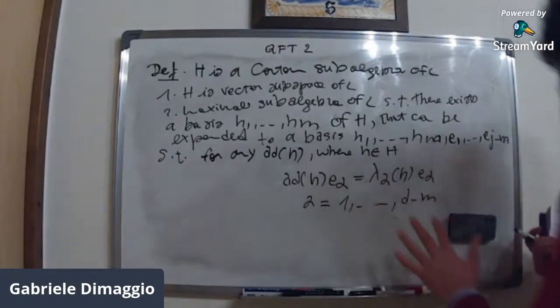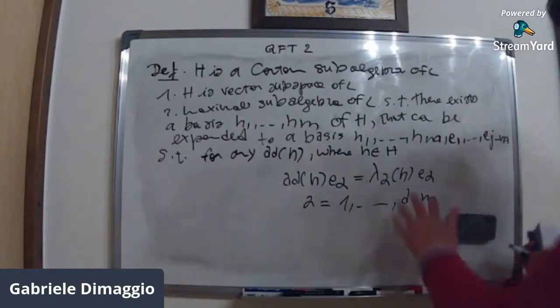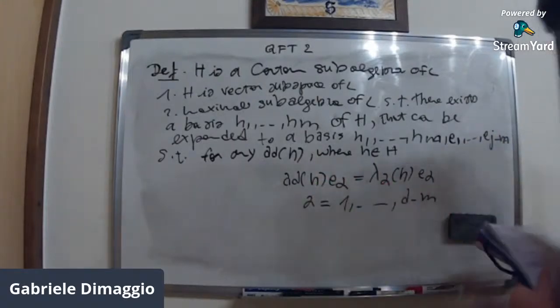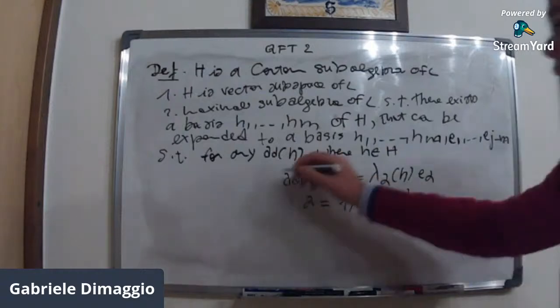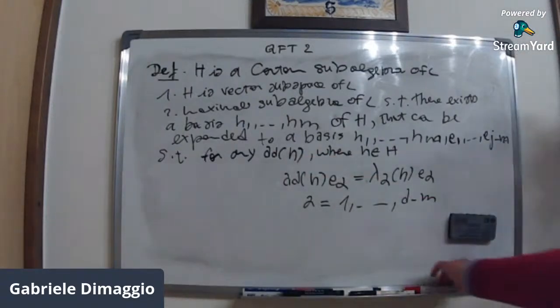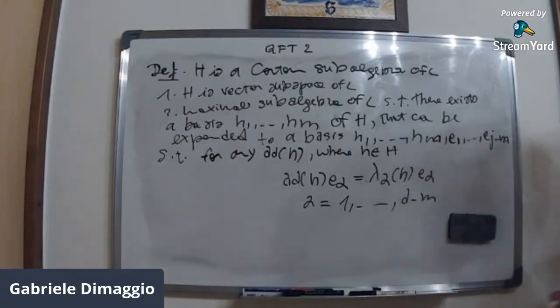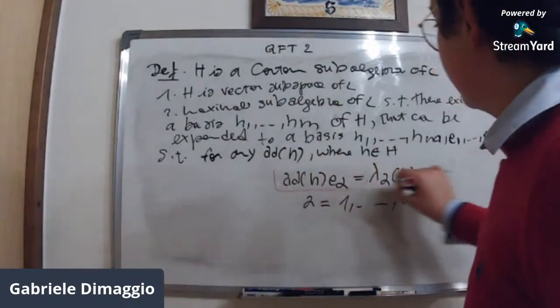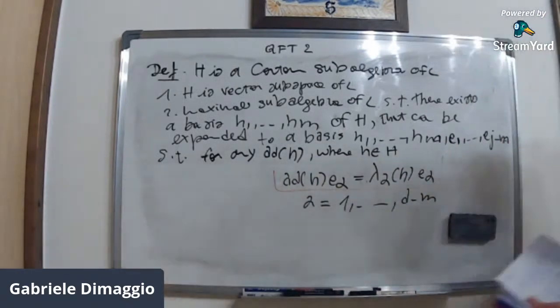Where lambda is an arbitrary function of H, and so I have this thing. So if I have this, I can start talking about the Cartan subalgebra.